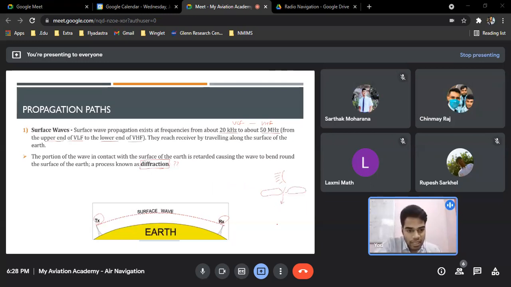Instead of just hitting one point, it will form a bigger path like this. So this is an example where you have seen live diffraction.